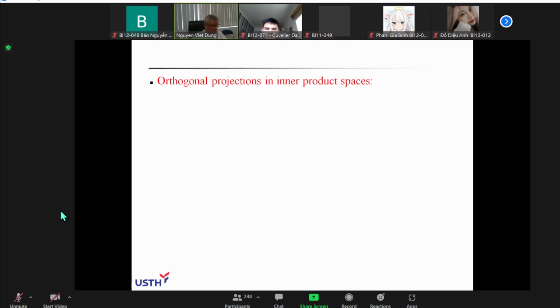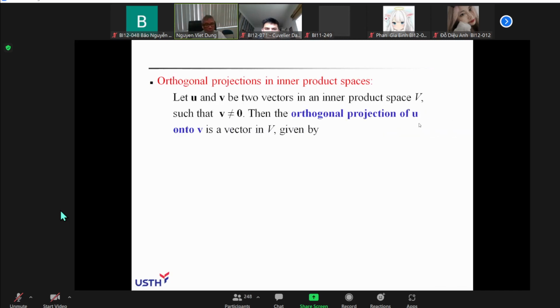Now I am going to tell you the notion of orthogonal projection in the inner product space. Here, suppose that you are given two vectors U and V in an inner product space V. And I suppose that V, the second vector here, is non-zero.